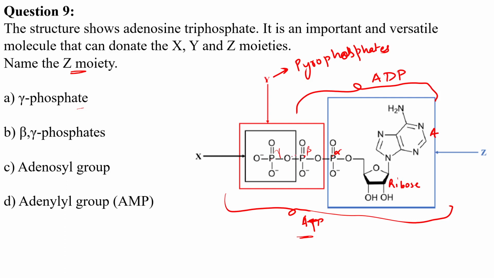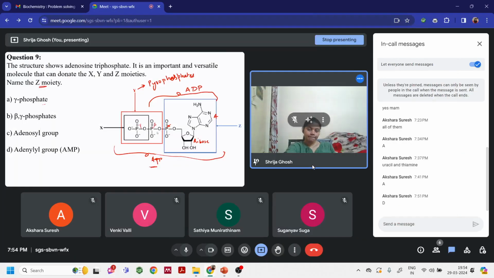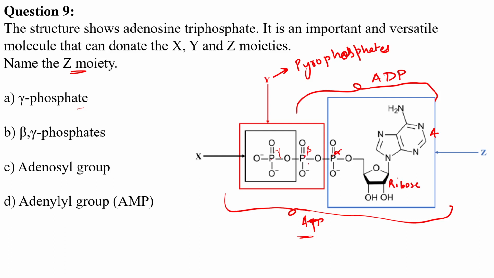Then the next phosphate, beta phosphate, will be removed, it will become AMP. This is clear? So the correct answer is option D.